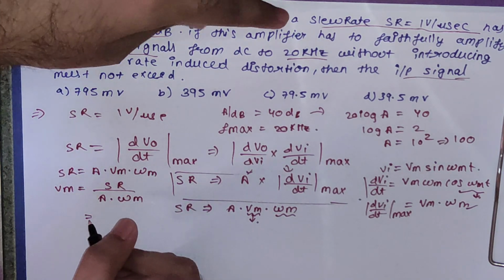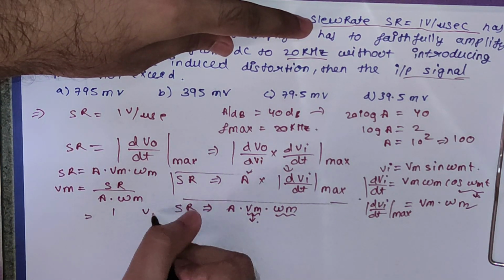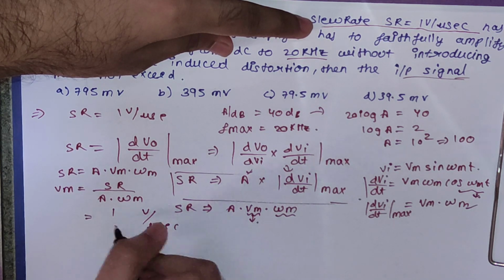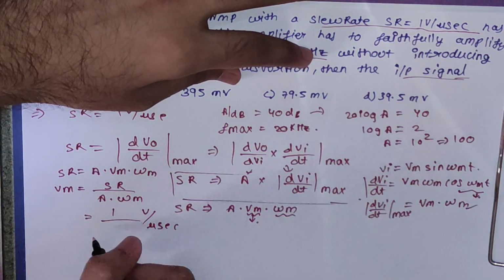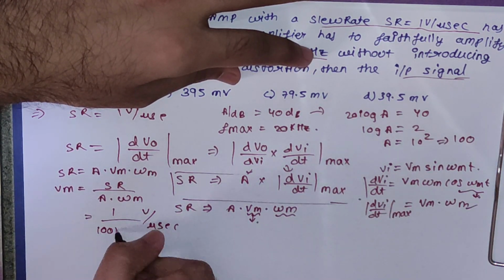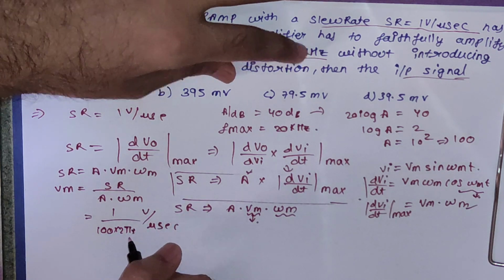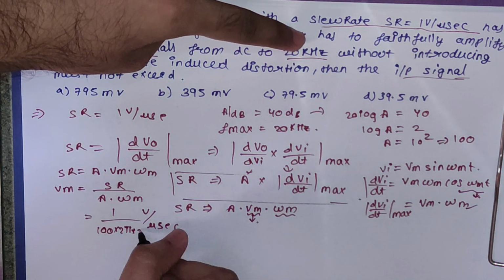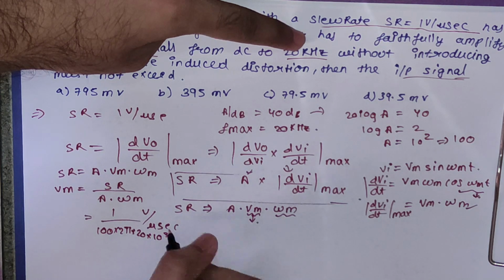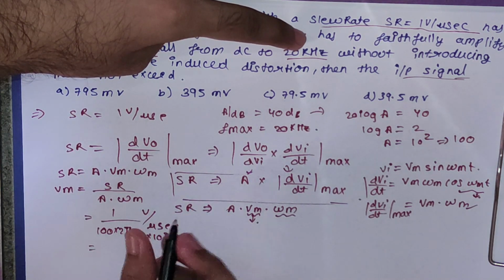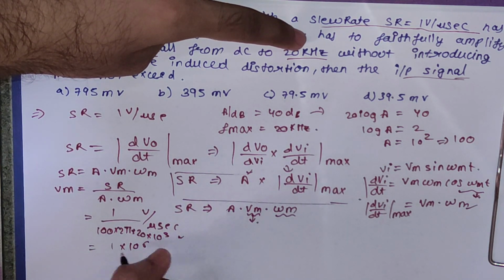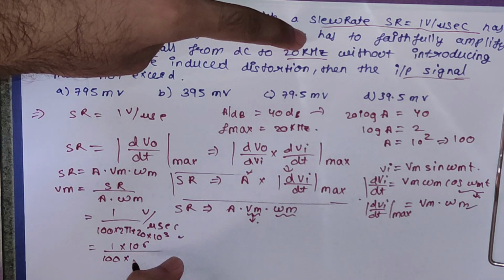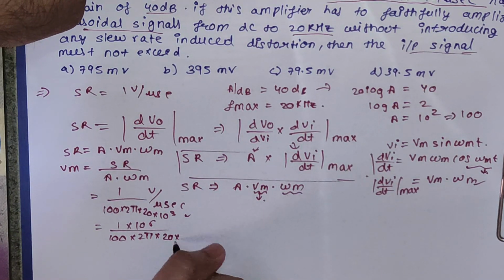Here we know the slew rate as 1 volt per microsecond, and A is 100. Omega m will be 2 pi fm, where fm is 20 kilohertz, 20 into 10 raised to 3. If this microsecond goes in the numerator, you will get 1 into 10 raised to 6 upon 100 into 2 pi into 20 into 10 raised to 3.